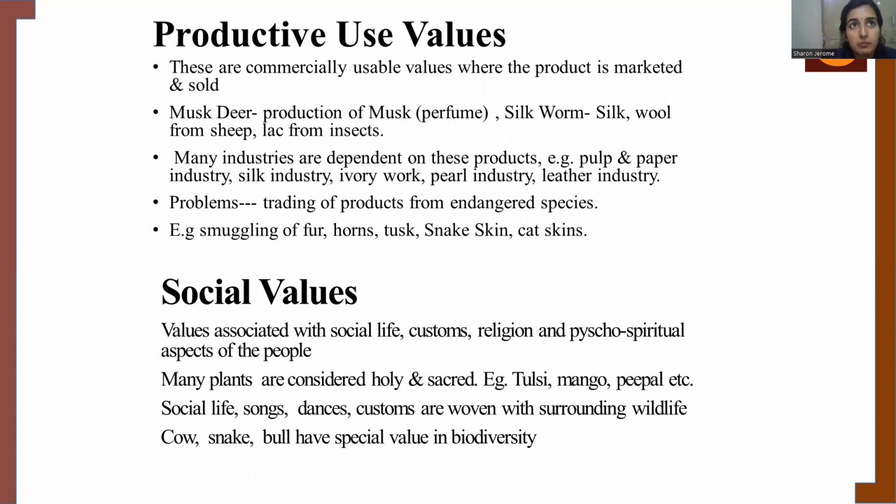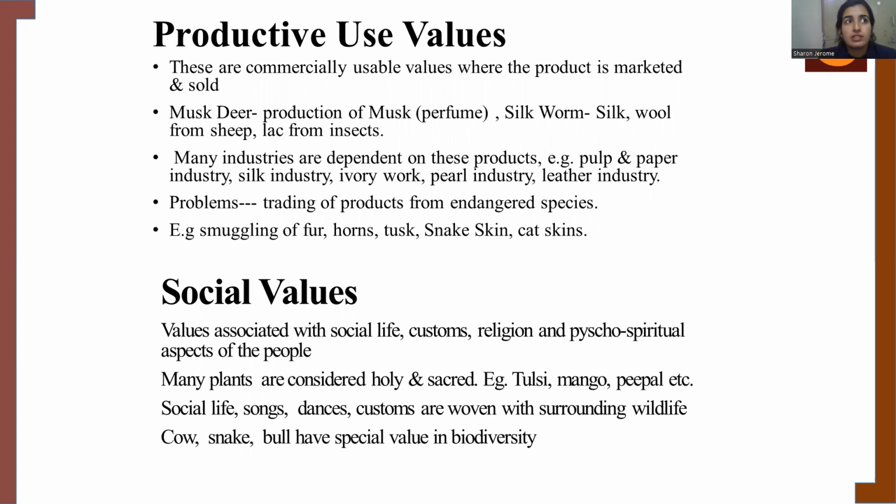Products like silk, wool, and musk perfumes, which we get from biodiversity, like the musk deer, the silkworms, and the sheep, are then marketed and sold commercially. So this is how biodiversity, through its productive value, is useful to the economy.